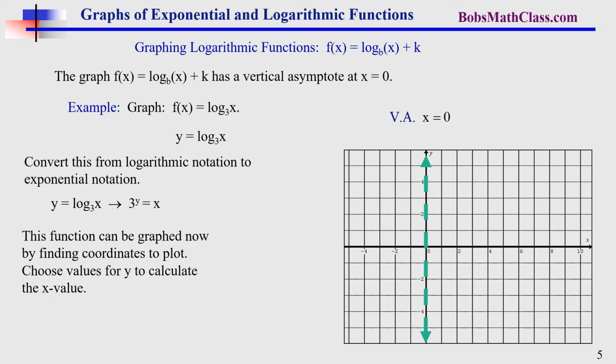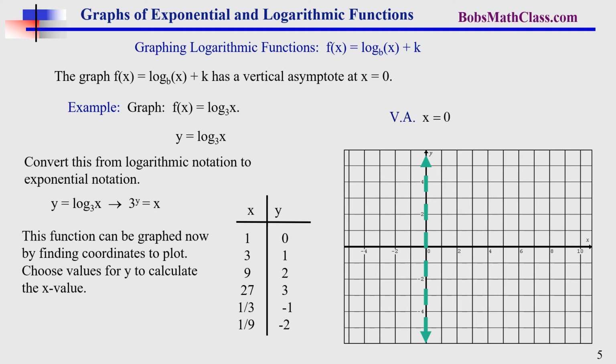Just know that when you pick points, it's going to be opposite. So here's my table. Look on the right. Under y, I put 0, 1, 2, and 3, and then -1 and -2. So I'm picking numbers for y, and then I'm plugging it into this equation to get my x values.